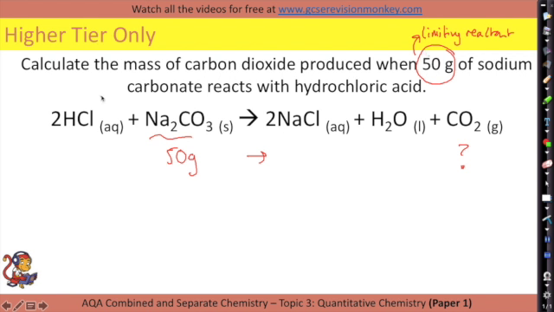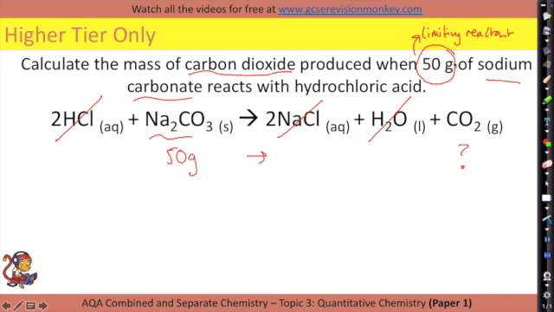And we actually don't need to worry about anything else in the equation. So I'd cross through all those other things, because really we just need to know about the two things they've asked us about, carbon dioxide and sodium carbonate. So when 50 grams of that reacts, how much carbon dioxide are we going to produce?